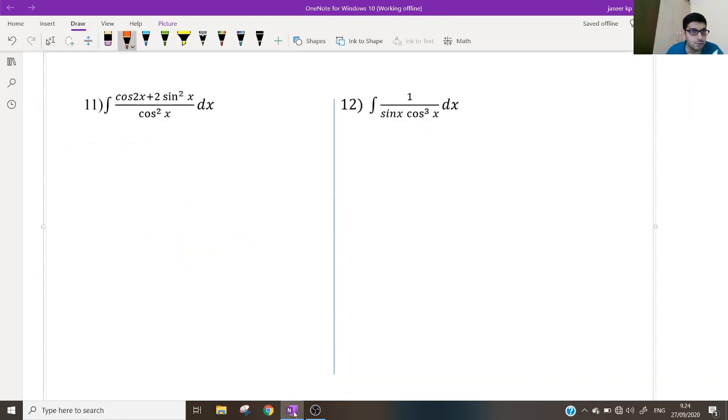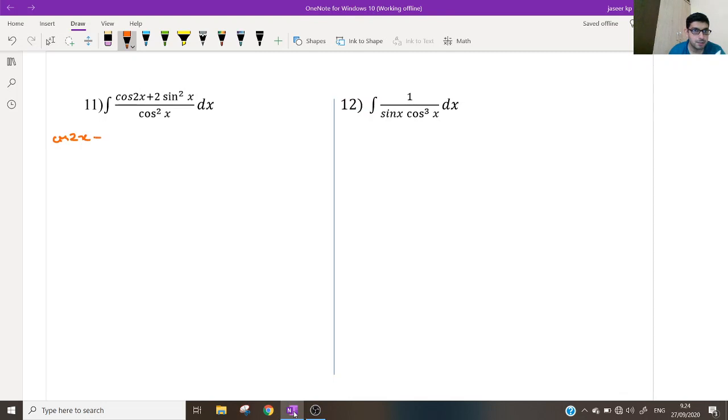Now let us move to the next problem. Integral of cos 2x plus 2 sin square x divided by cos square x. Again let us simplify the given expression using trigonometric identities.